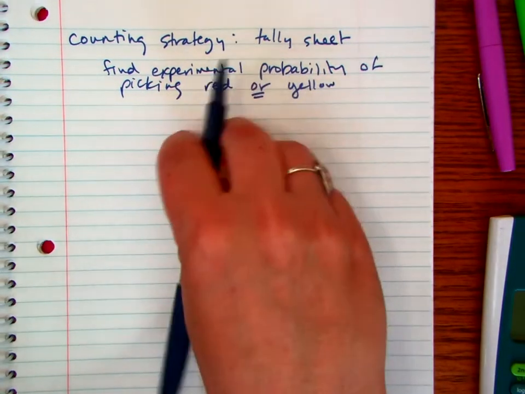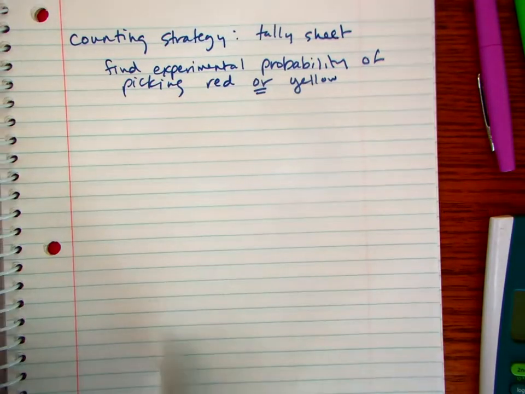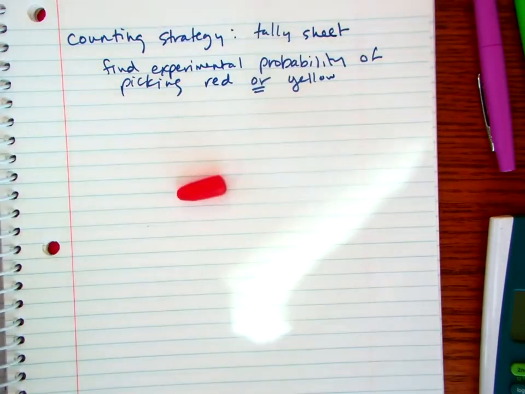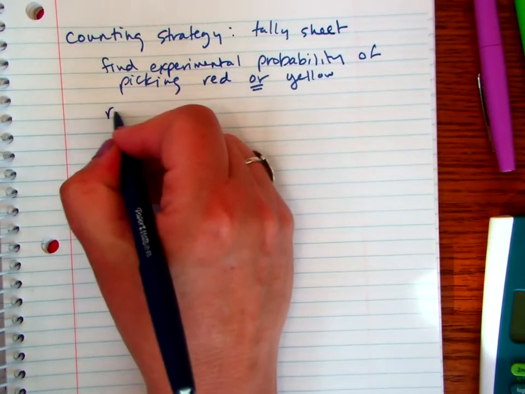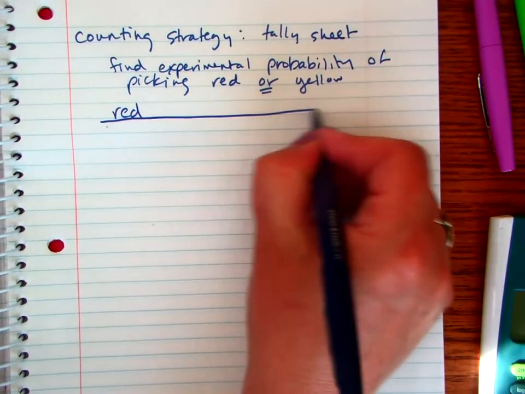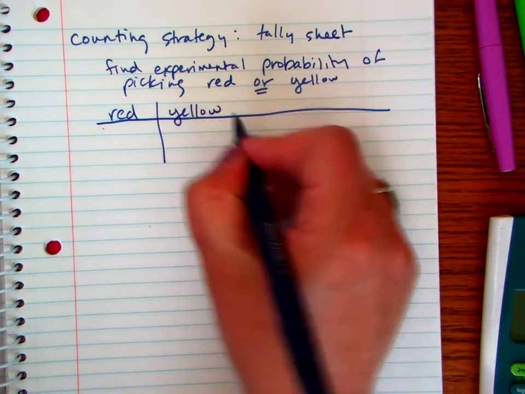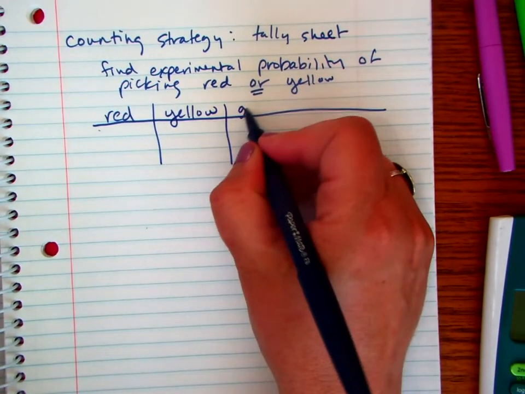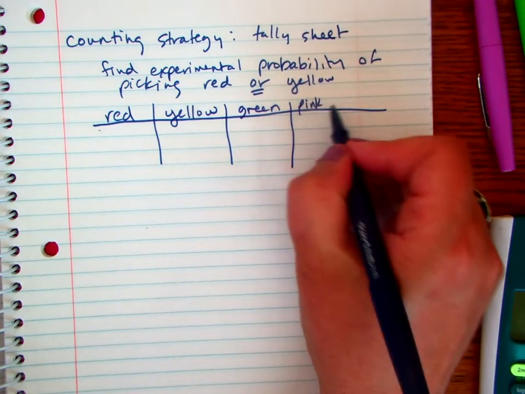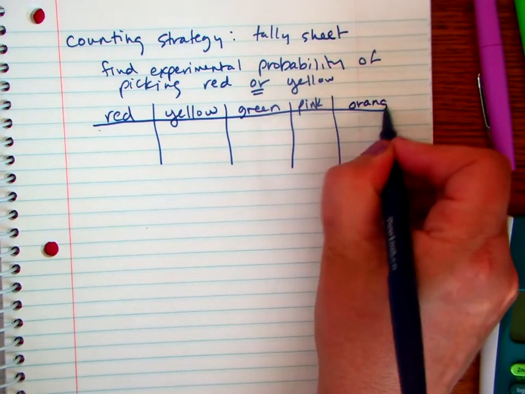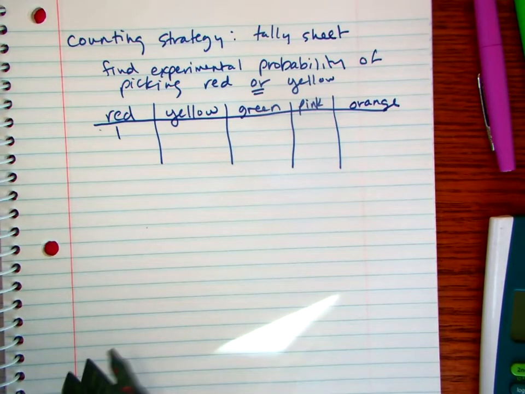I'm just going to shake up my bag and pick one out, and I picked a red. So I'm going to start my tally sheet, and I'll put the red and the yellow over here because those are the two we're looking for, and green and pink and orange.